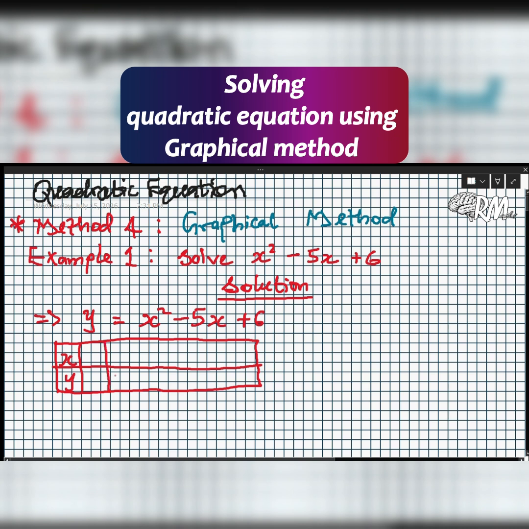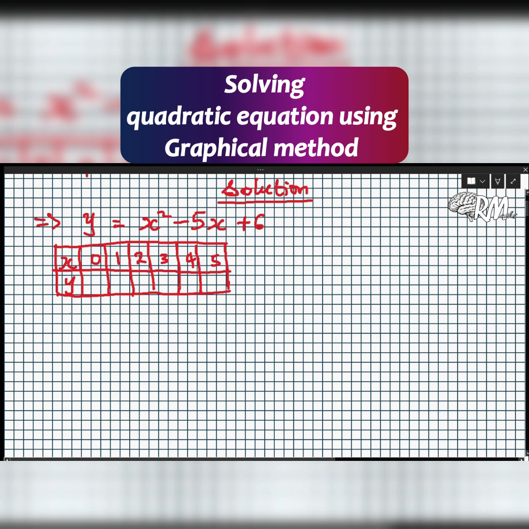We're going to have x when x is 0, when x is 1, when x is 2, when x is 3, when x is 4, and finally when x is 5. By writing this question y, and when x is 0, let's start.